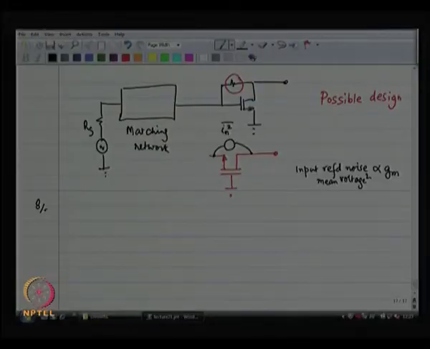If I increase GM, you saw in the previous lectures that the gate referred noise of the MOSFET was 8 by 3 kT divided by GM. What does this mean? This means that if I make a device with a large GM, the gate referred noise is actually going to drop. Okay.